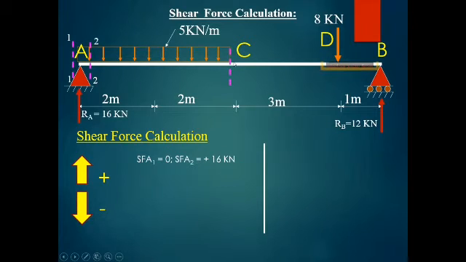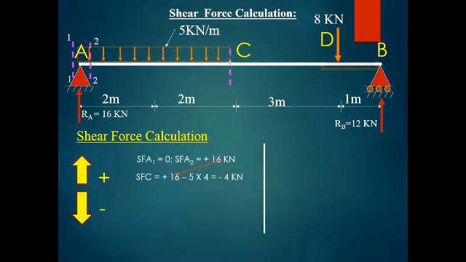The next section I have taken at C. Now C is not a point load, it is a UDL end, so I'm not going to take C1 and C2, I'm just going to take C. So shear force at C will be equal to whatever answer I got in the previous point, which I will transfer here, and then the load between A2 and C, that is the UDL.